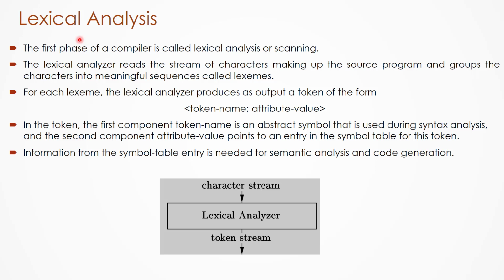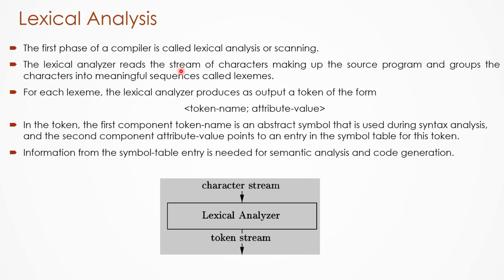First one is lexical analysis. The first phase of a compiler is called lexical analysis or scanning. The lexical analyzer reads the stream of characters making up the source program and groups the characters into meaningful sequences called lexemes. So a program is given to the compiler. First it goes to lexical analysis. It is also called scanning, where the program will be read character by character.